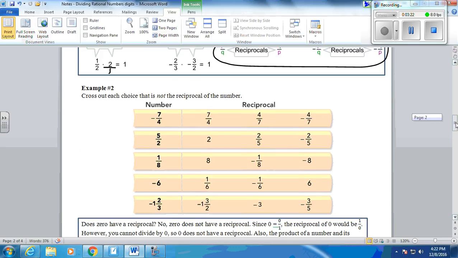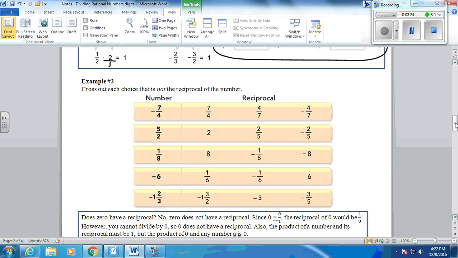Moving into example 2, I will do the first one with you, and then I will have Ms. Fish pause the video and work on the next 4 questions. So they're asking you to cross out each choice that is not the reciprocal of the number. So if I'm looking at the first question, it says -7/4. And because I already stated that the reciprocal of a negative number has to also be negative, I know that I'm going to cancel out those 2 choices because they're positive.